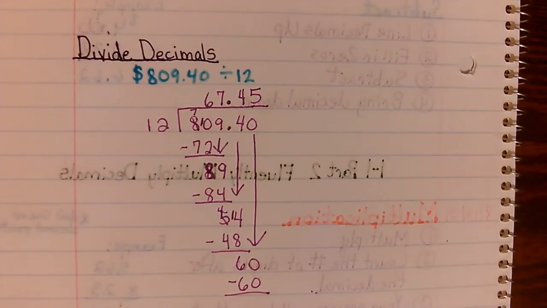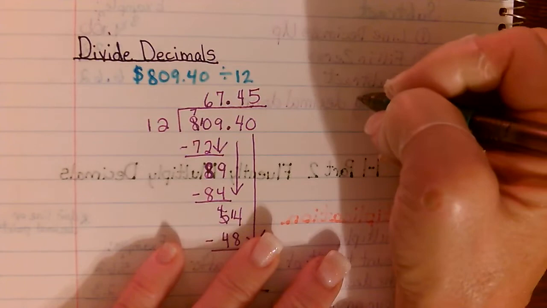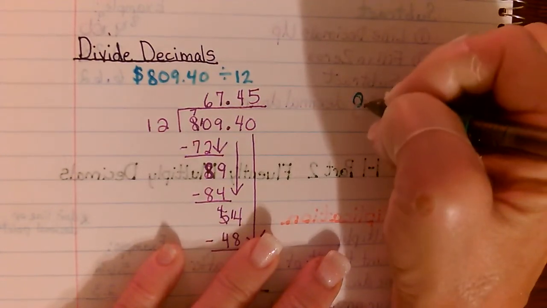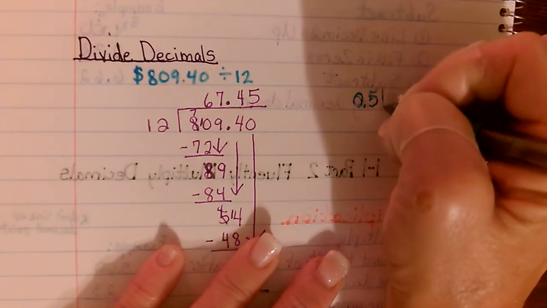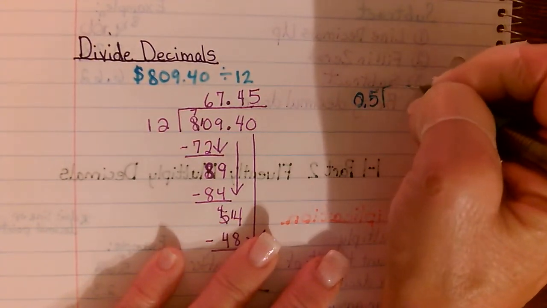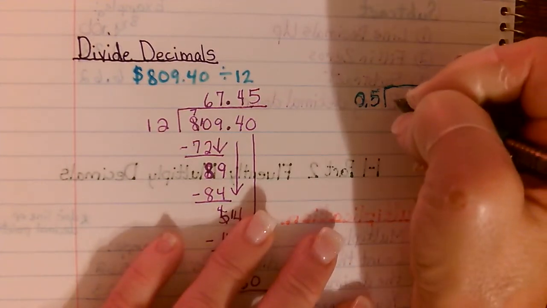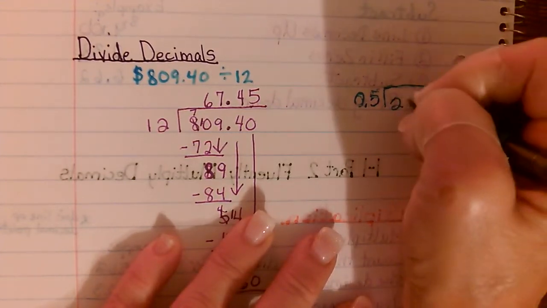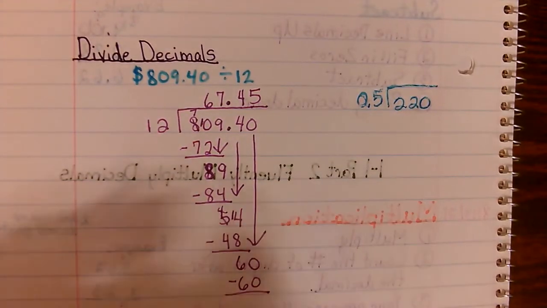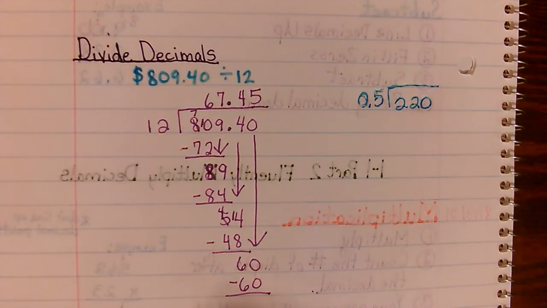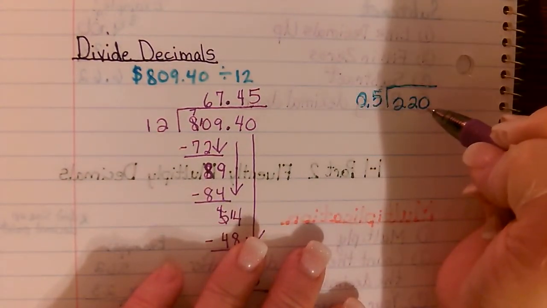Now let's look at another problem which might be similar to that one, but this time we're going to have decimals also on the outside. Let's go with 0.5 into 220. If you notice, there's one decimal here, and I don't see any inside.